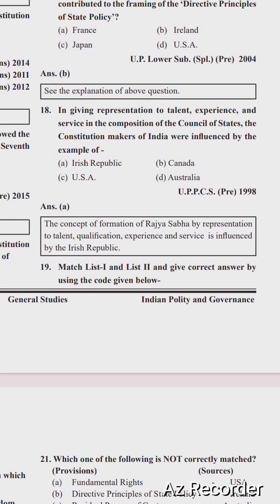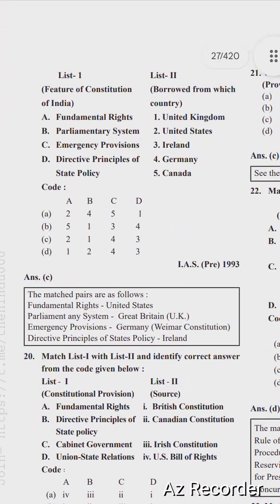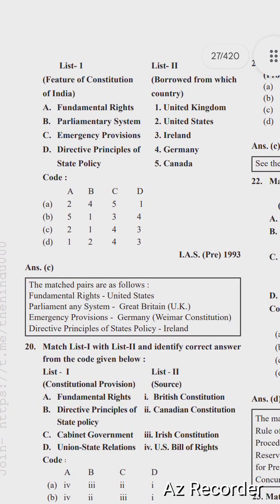So next question is, match list 1 and list 2 and give correct answer by using the code given below. Features of the Constitution of India borrowed from which country? Fundamental rights, United Kingdom, parliamentary system, United States, emergency provision, Ireland, directive principles of state policy, Germany.